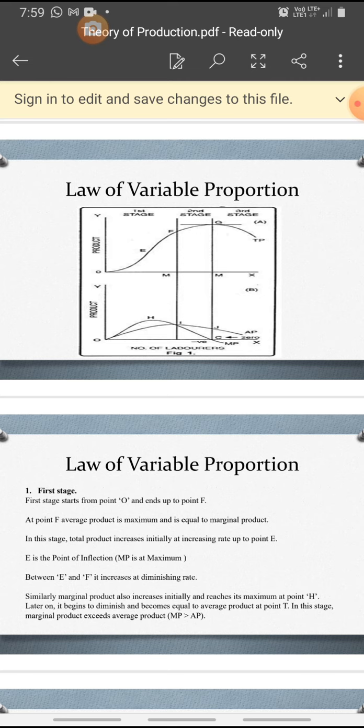So we can separate the diagram into three parts. In the first stage, total product is increasing, and there is a point of inflection where marginal product reaches its peak.